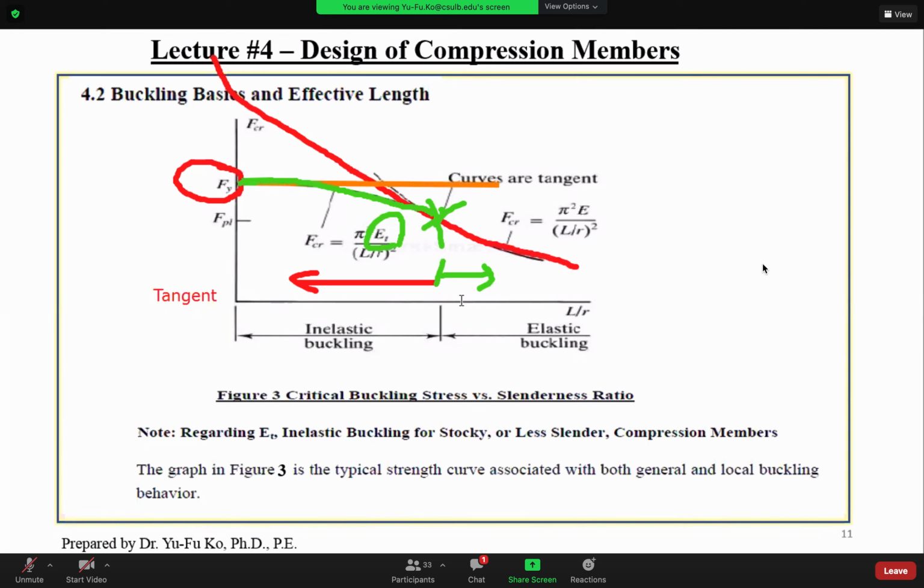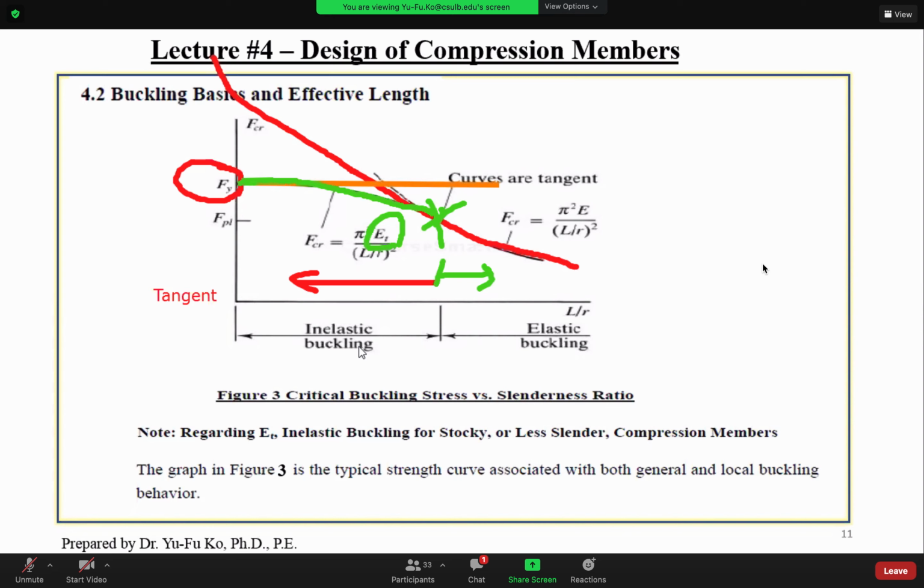But when you are in elastic buckling, you are using the linear elastic buckling that you typically learned before in chapter 1. So this is no tangent, and this is tangent Young's modulus. We'll discuss that later.